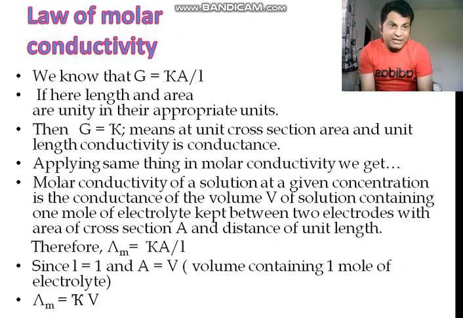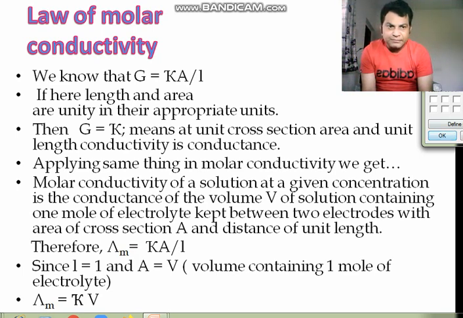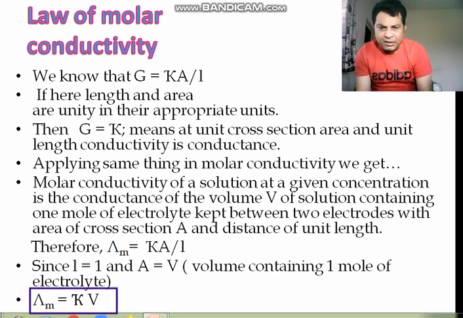From this point, what can we decide? See here, we can make one definition. Here it is given that lambda m is equal to kappa and volume. So conductivity and molar conductivity will be the same, but when? When the volume becomes 1.